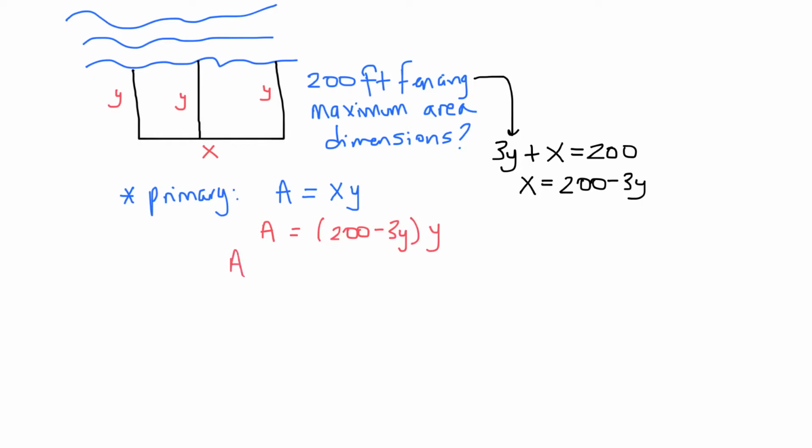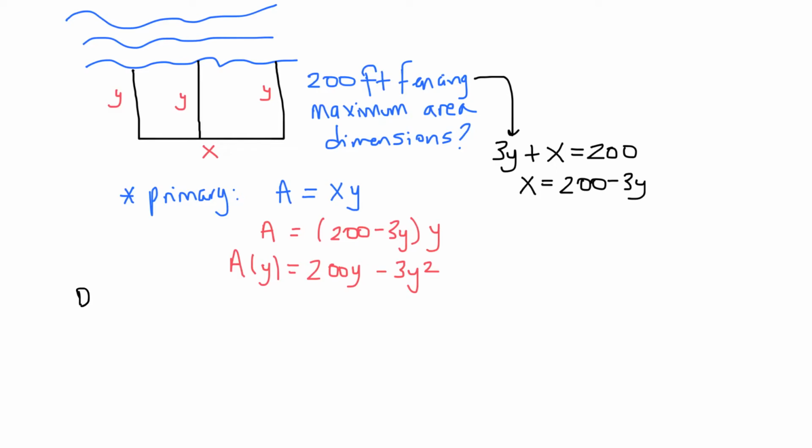So it's actually now a function of y, area as a function of y, and you can distribute and get this. You can also think about the domain now, but because the variable is y, think about the values that y could be. Well, it has to be more than 0. You couldn't have a fencing that doesn't have a side along a fence, a length along the y.